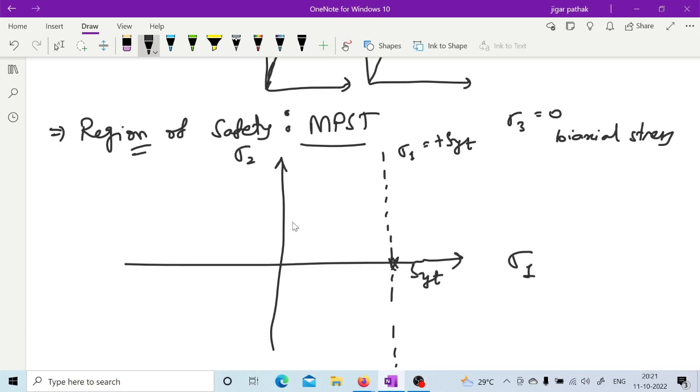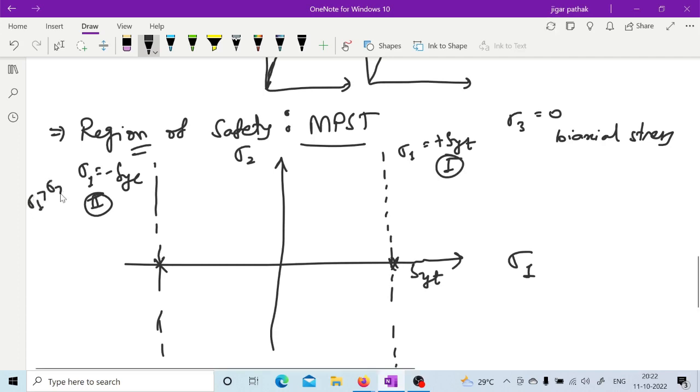Similarly, if sigma 1 is greater than sigma 2 and we are talking about compression, then we plot it on the negative side. So here sigma 1 is equal to minus S_yc. This will be the line after which failure will start. These first and second lines are both drawn with the assumption that sigma 1 is greater than sigma 2.